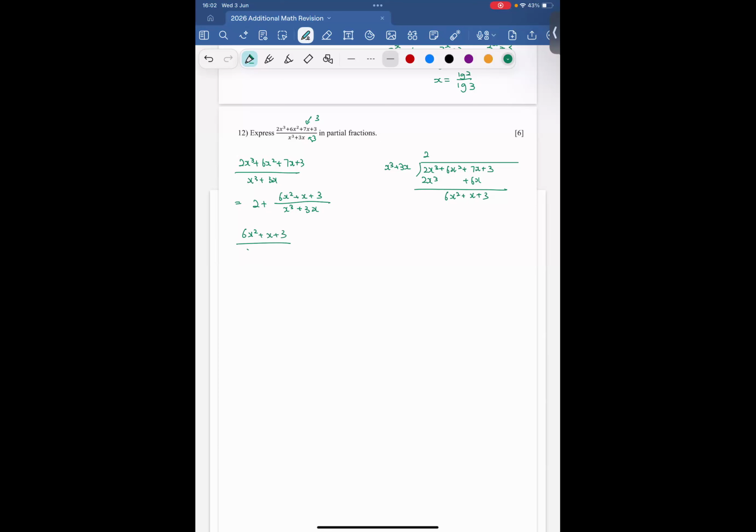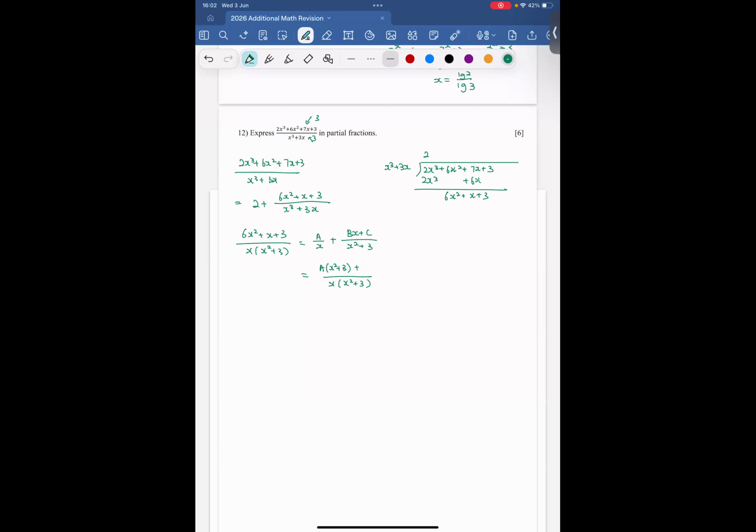So go and factorize the denominator, you get x(x^2 + 3). Okay, so x will give me A over x. x^2 + 3 will give me (Bx + C) over (x^2 + 3). Okay, then what you do, you make this denominator the same. So A will have to multiply by x^2 + 3.